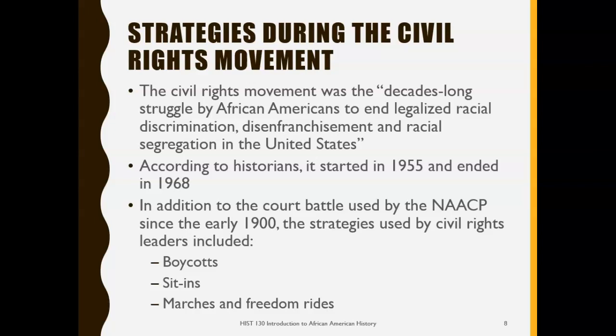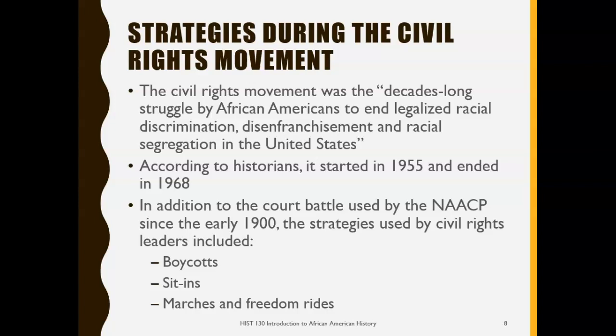And according to historians, it really started in 1955 and ended in 1968. So this is why the Brown case was not always included among the civil rights movement.